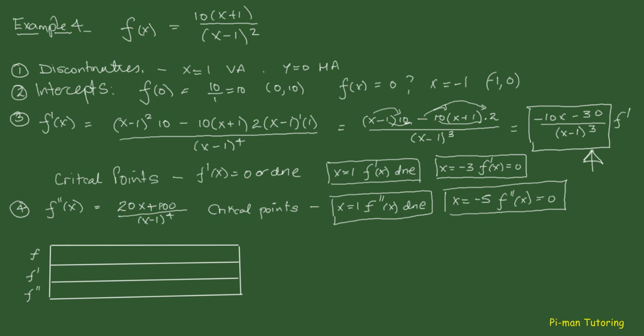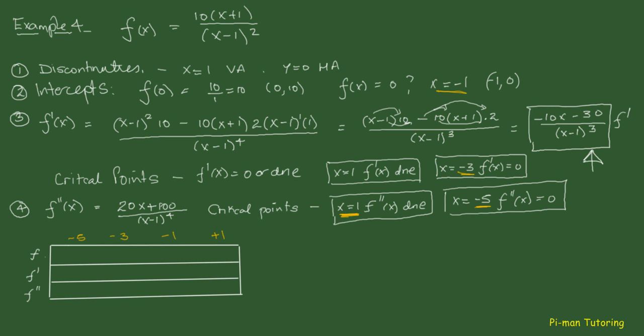So we know x equals 1 needs to be there, x equals negative 3, negative 5, and we also know that we have a 0 in the function at negative 1. Negative 5, negative 3, negative 1, and positive 1.